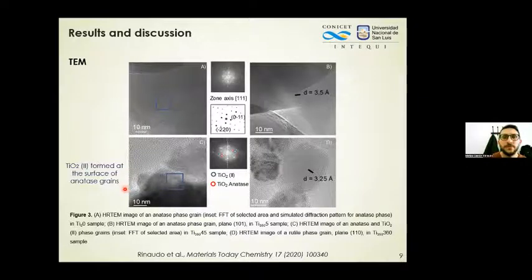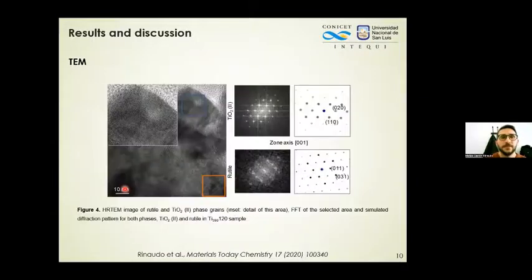And then we could observe some more micrographs, and we could obtain these both polymorphs separated. So the rutile could be obtained in different grains and not linked to the anatase. So the polymorphic transformation should be from anatase to rutile passing through this intermediate, the titanium oxide II high pressure phase.